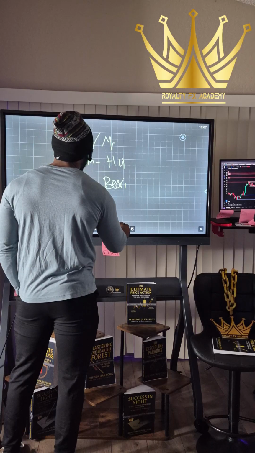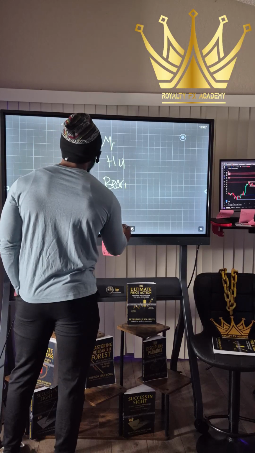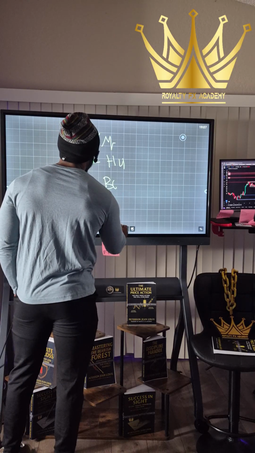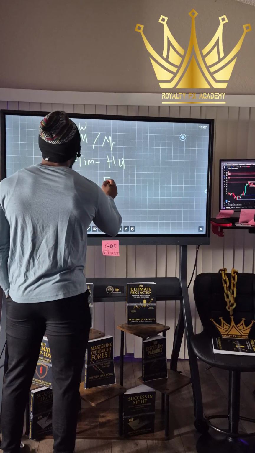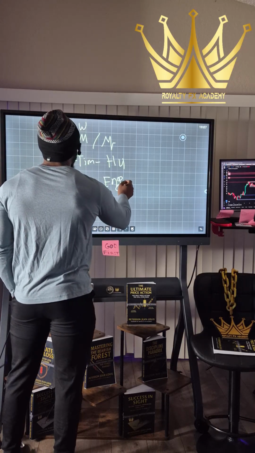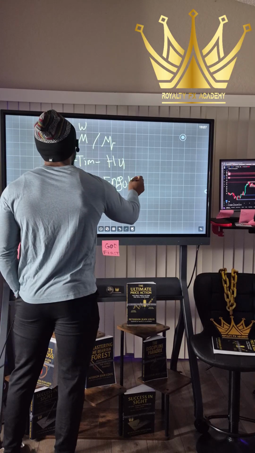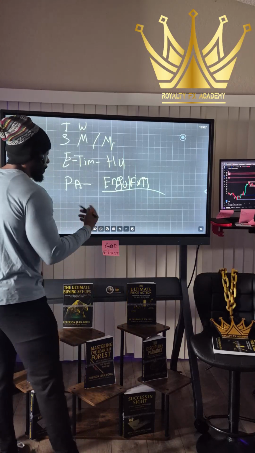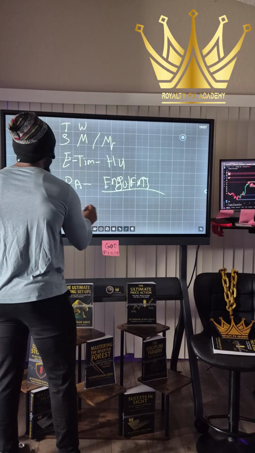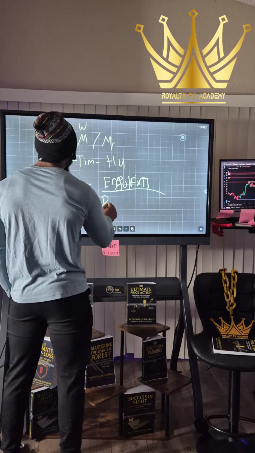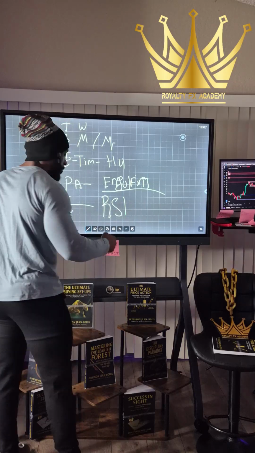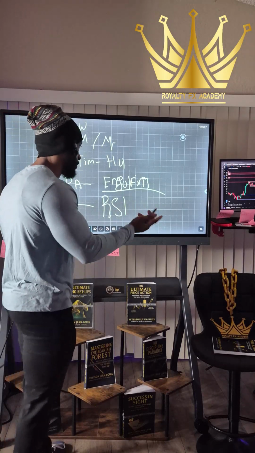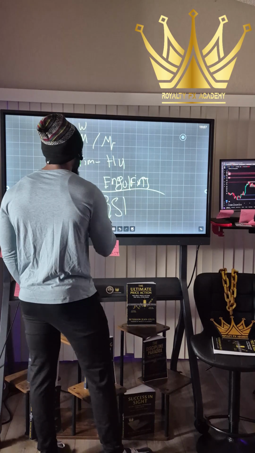Yeah, why not? Bearish, let's minimize it. It's going to be bearish engulfing. I wanted to abbreviate it, but engulfing, okay? I'm just putting engulfing, bearish engulfing. And as far as confluences, that will be your RSI. That will be the indicator as far as anything else goes.